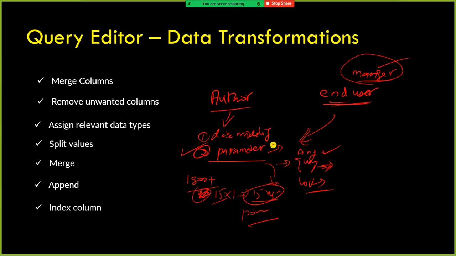But another advantage of parameters is in the case of source system connection. For example, you are a regional manager, and under your region there are two locations, location A and location B. For one location they are using one database, and for the other location they are using a different database.